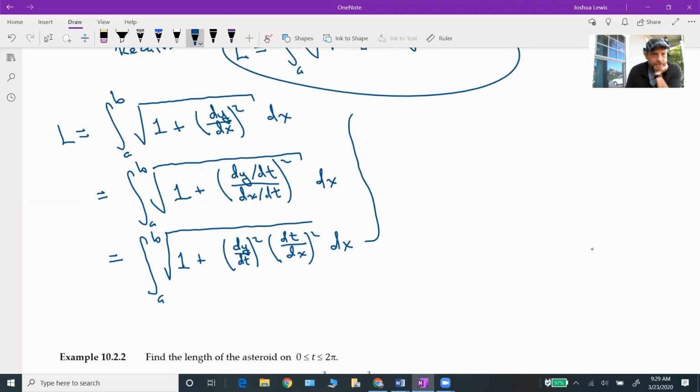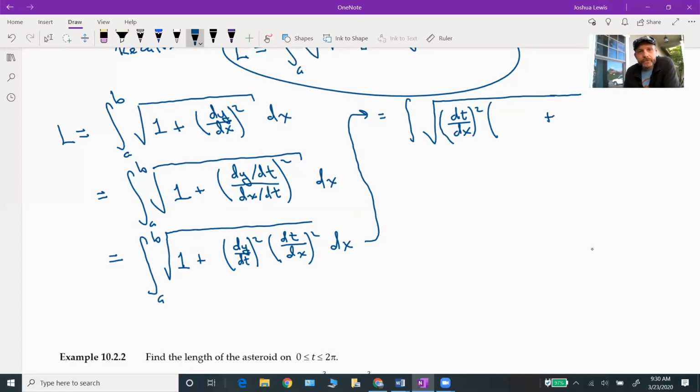Now, I'm going to be a little bit creative here, and I am going to factor out a dt/dx squared. Now, this may seem odd, like why would I be thinking to do that? But look what happens. My first term, well, let me go over to the last term here.